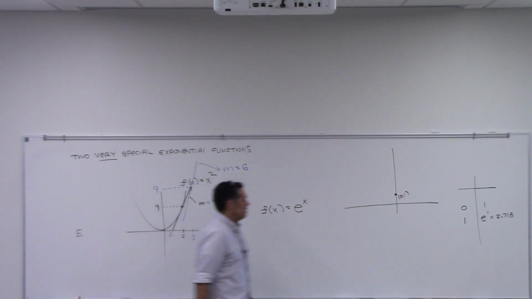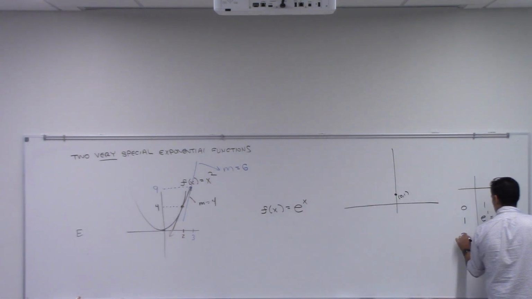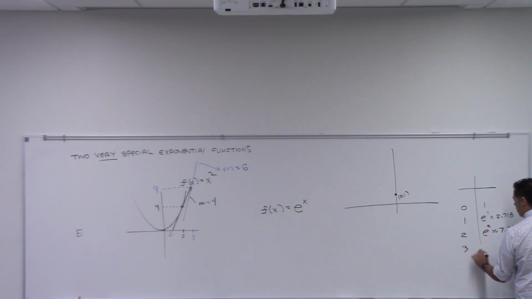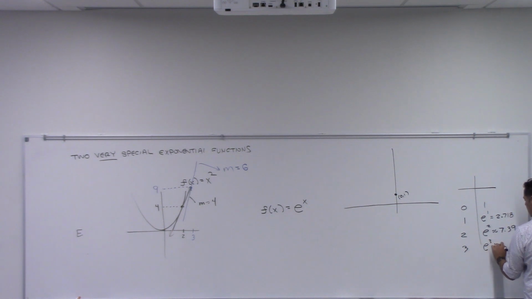Yeah. Okay, now plug in 2. e squared, about 7.39. Go one more, e cubed. 20.08, something like that. Now we would just estimate this, right? I mean, we can't plot these decimals accurately.